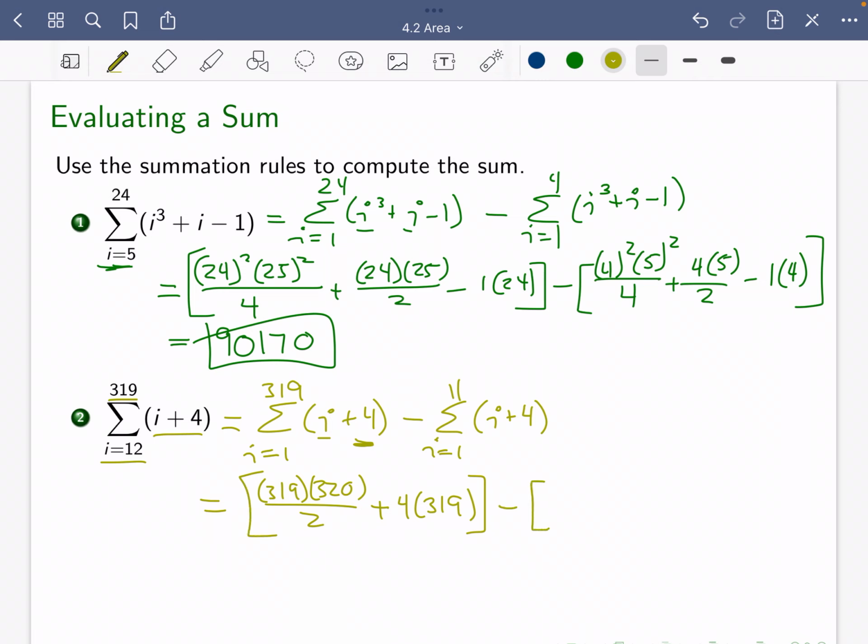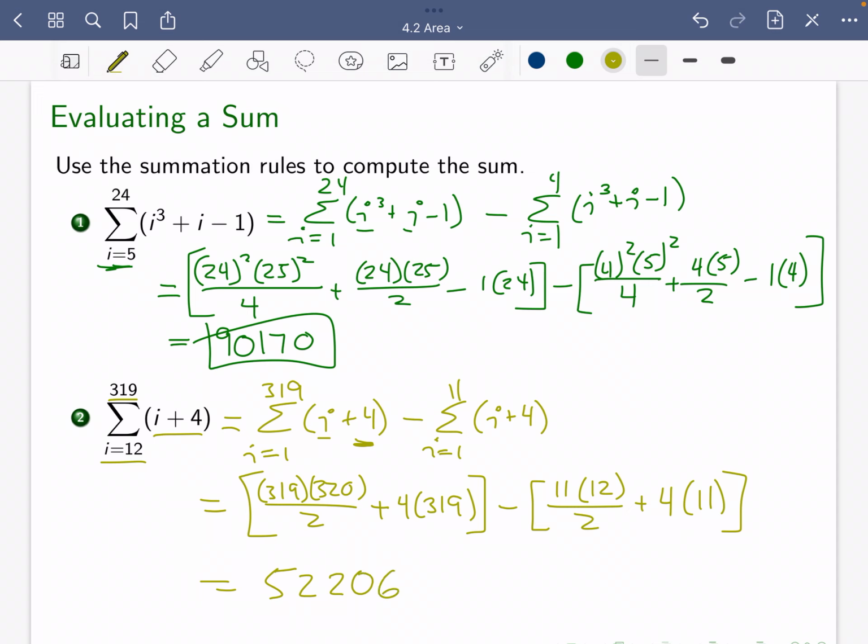For the second summation, we have 11 times 12 over 2 plus 4 times 11. And if we do those calculations, we will get 52,206.